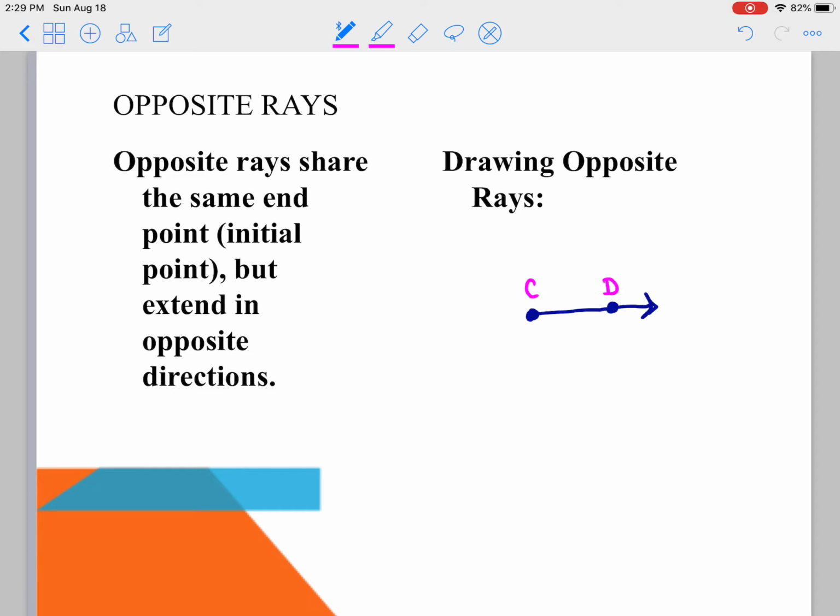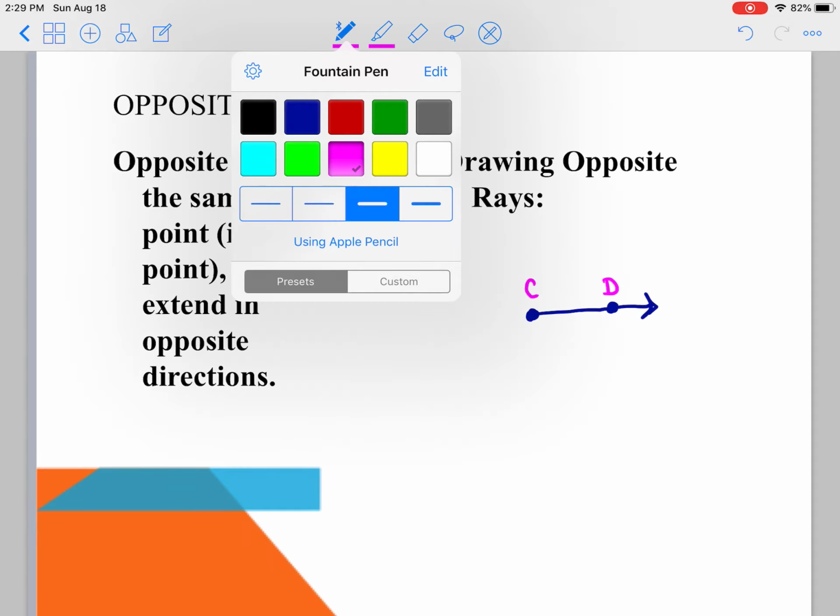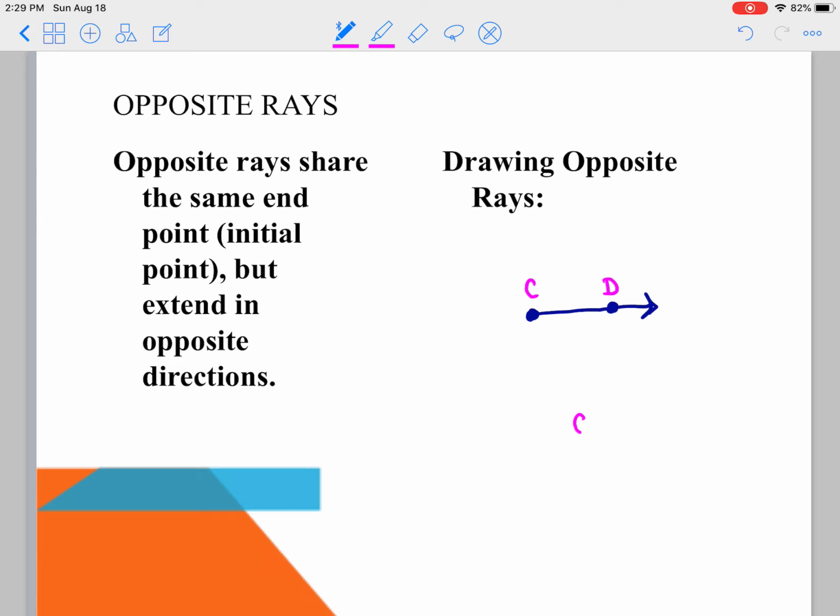Now take a moment, see if you can name this ray. You should name it C as my initial point, D is the direction that it is moving toward. The endpoint is C, and it is moving toward D, forever in one direction. So I need the arrow, and the arrow always moves toward the right.